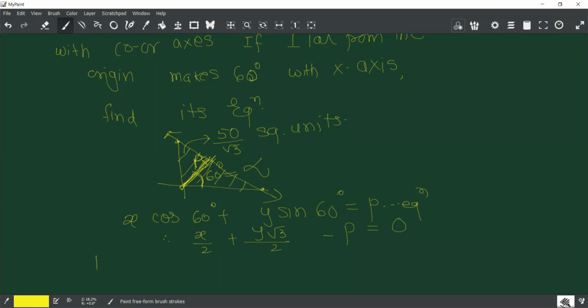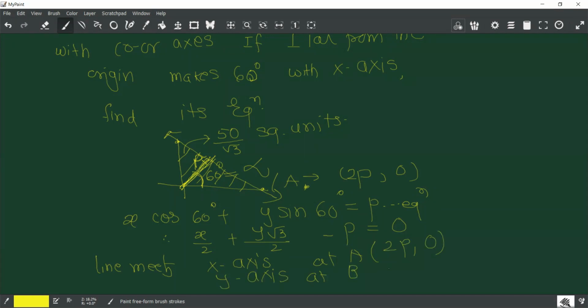Now this line meets x-axis at say A. So again you will be putting y as 0. So don't you think coordinates of A will be 2p comma 0? Coordinates of A will be 2p comma 0 and it will meet y-axis. Only check your answer.